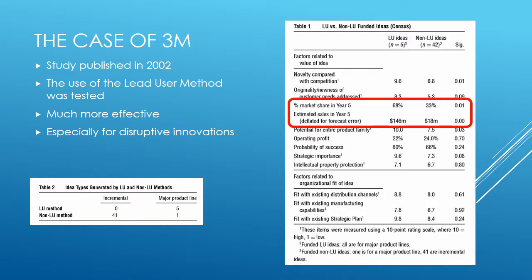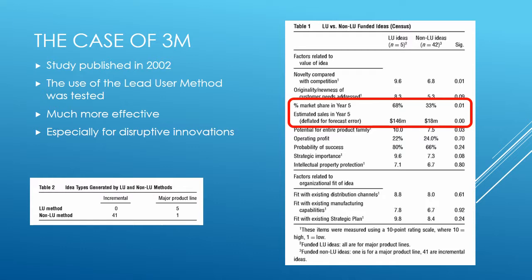In table 2 we see that out of 42 projects using traditional methods of innovation, only one led to a major new product line. And out of these 5 lead user method based projects, all 5 led to major new product lines.